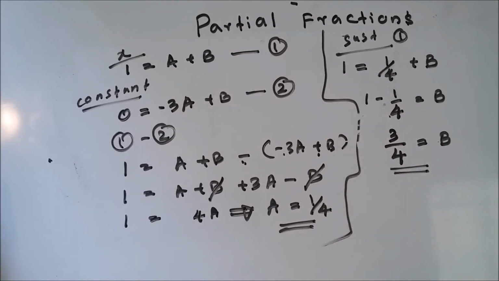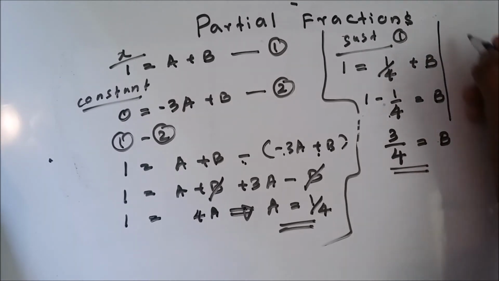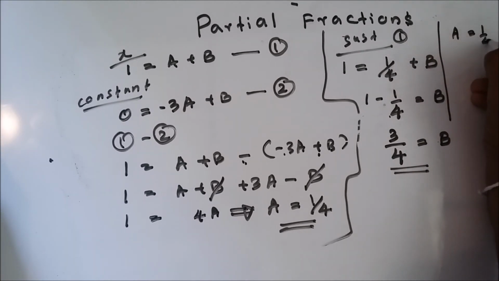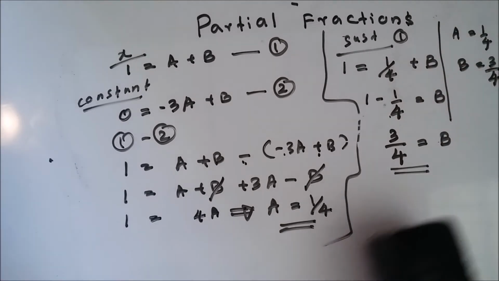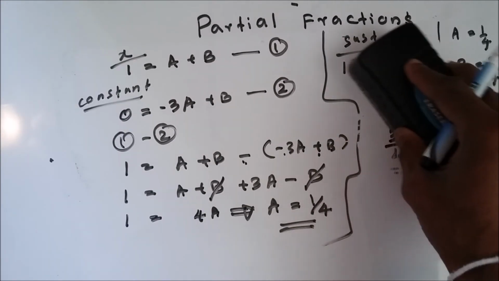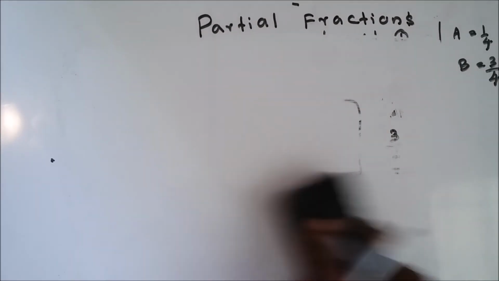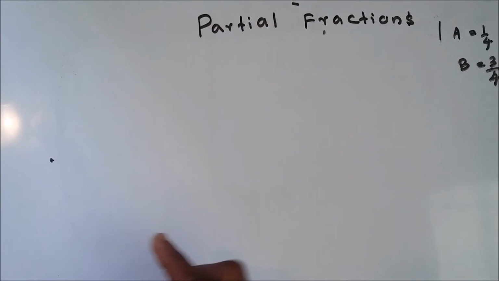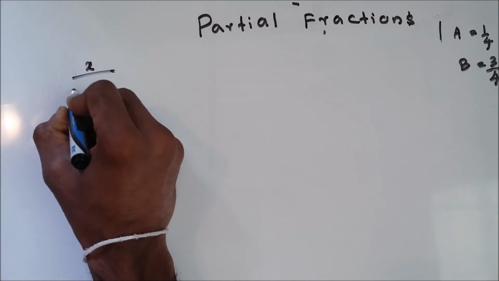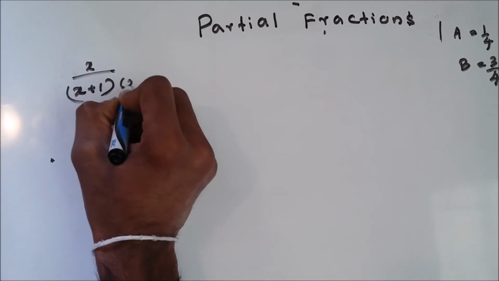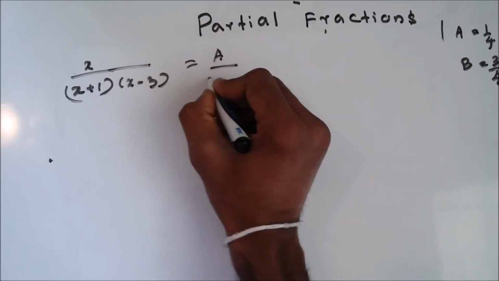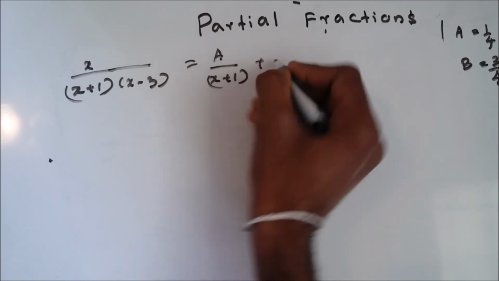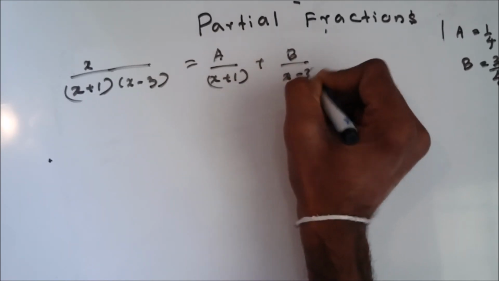This is our B. I'll write here A equals 1 over 4, B equals 3 over 4. These are our constants. Our example is x over (x plus 1) and (x minus 3). I wrote it like this: A over (x plus 1) plus B over (x minus 3).